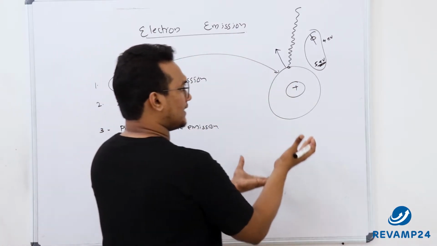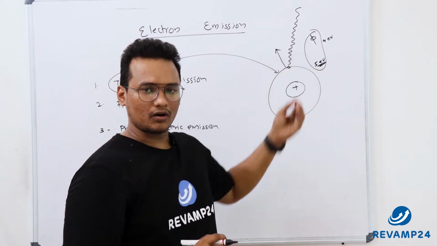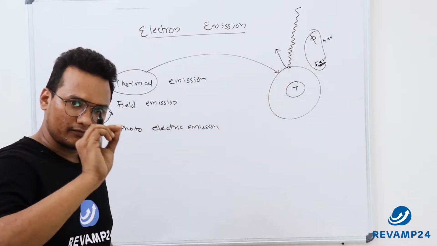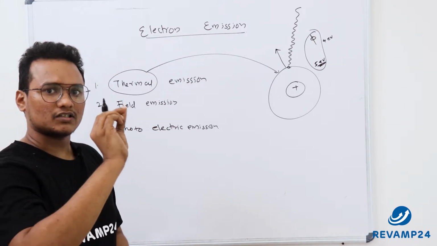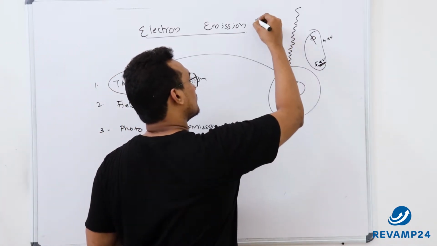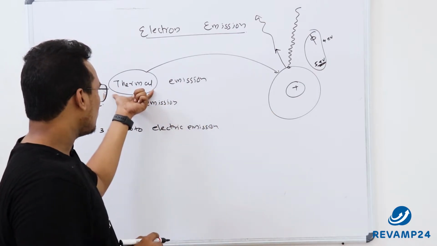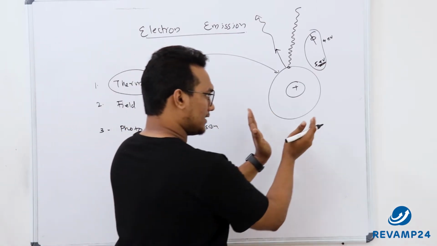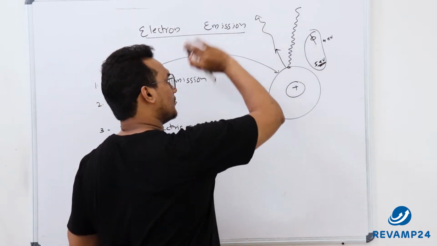When we are heating a surface, we are basically giving thermal energy to the electron, and this electron will be vibrating in its lattice. Whenever it gets sufficient energy, it can come out of the metallic surface. So here we are providing thermal energy, in the form of heat, and with that energy these electrons are coming out.